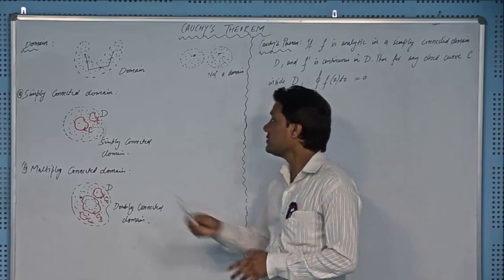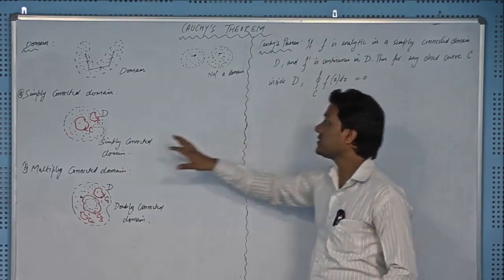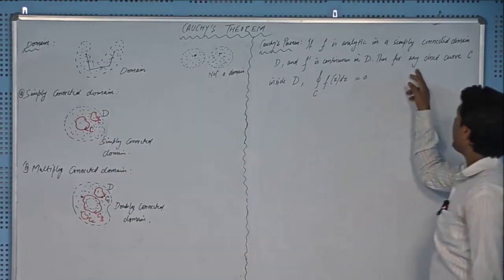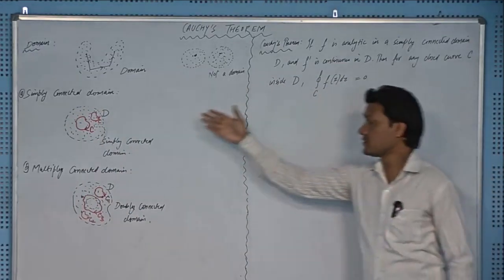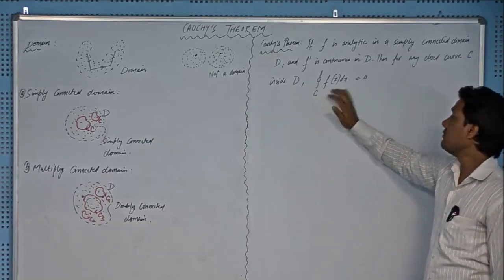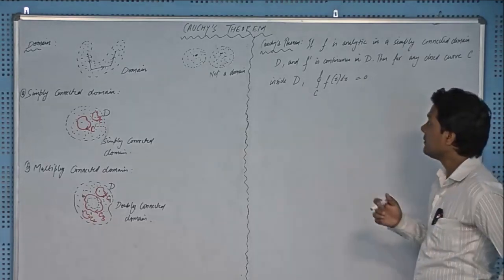And f is analytic on this whole domain D, right? Then for any closed curve C inside this domain D, the integral along that curve will be equal to 0, right? Okay, and we will prove this result.